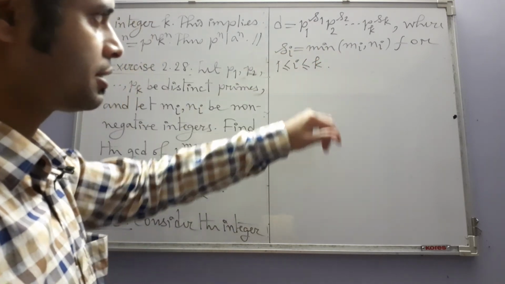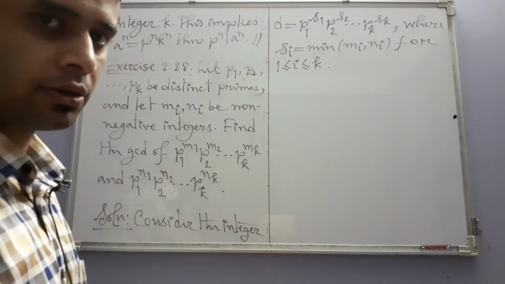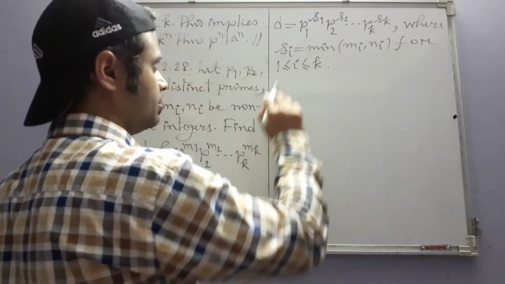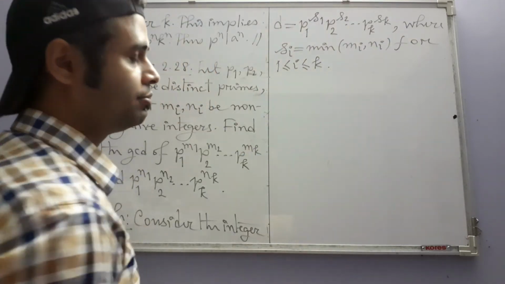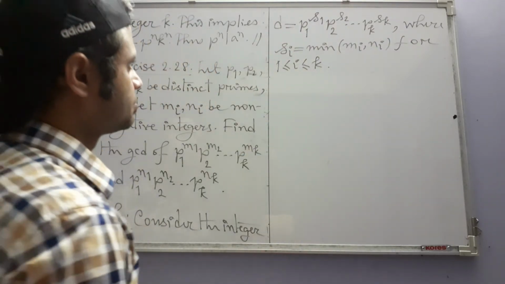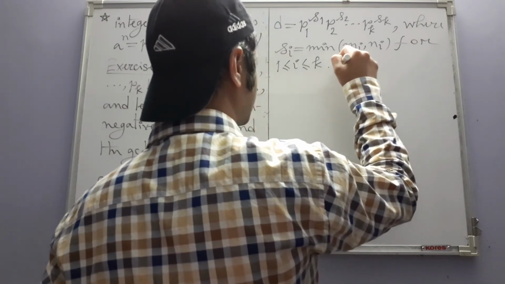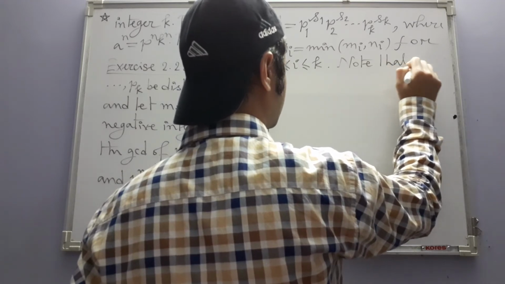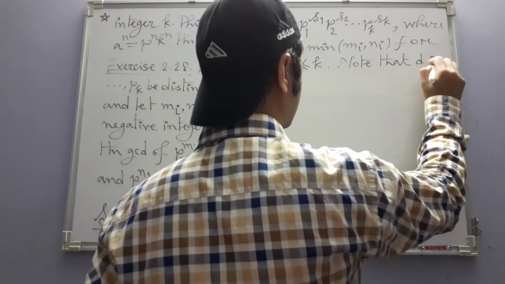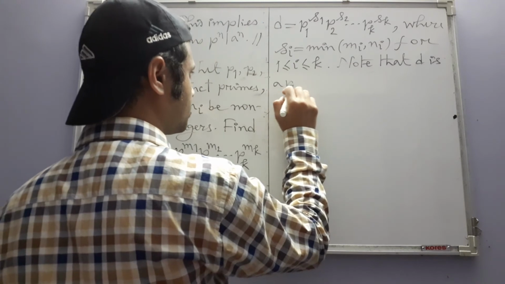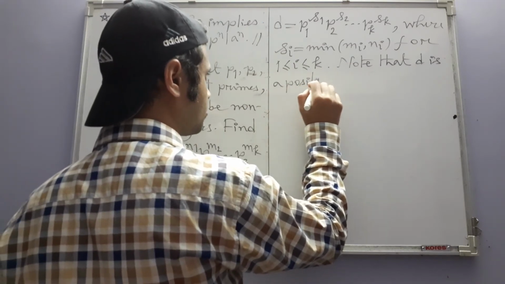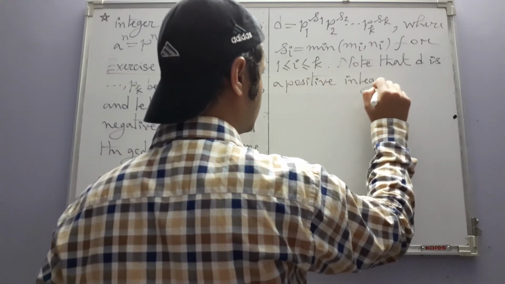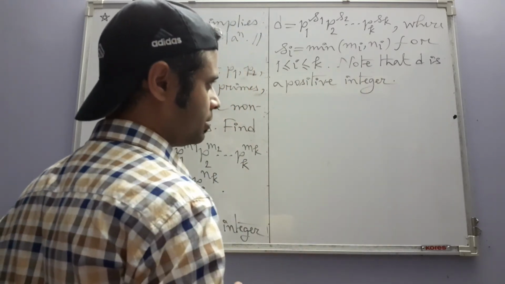So their minimum is either mi or ni, which is a non-negative integer. So each si is either mi or ni. So that means this is a positive integer.